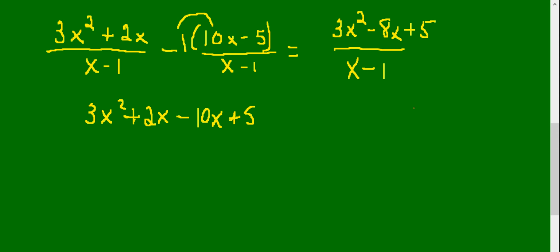Okie doke, and I think that's about it there. Although I'm looking, sometimes we can factor out something. And I'm looking at this, and when can I do that? I'm going to do it here after I add them or subtract them all together.